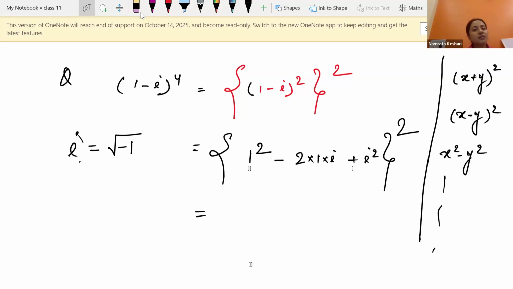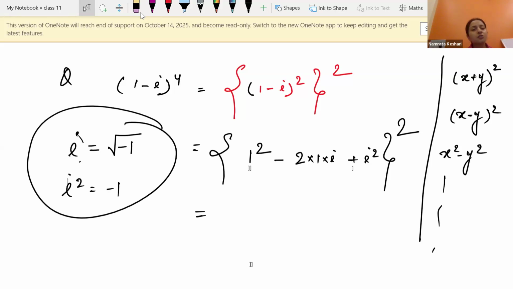These two results are really important. First one is not that important, but the second one is really, really important. So here also we can see i square, we will drop the value minus 1. 1 square will be 1, and here minus 2 into 1 into i will be minus 2i. We are treating this i just like x or y, and we are going to do the square over here.